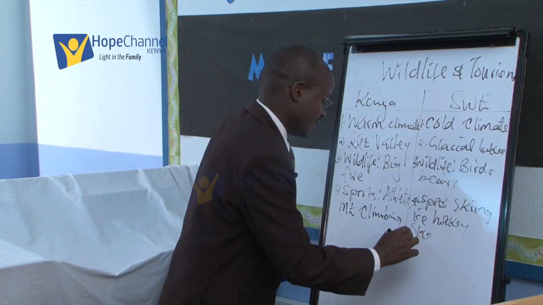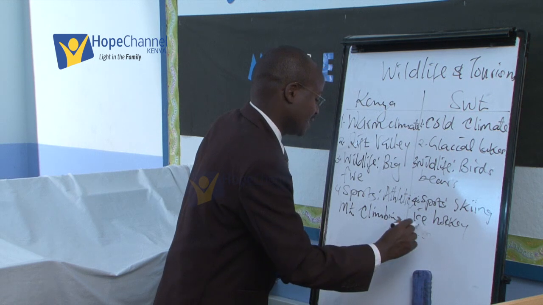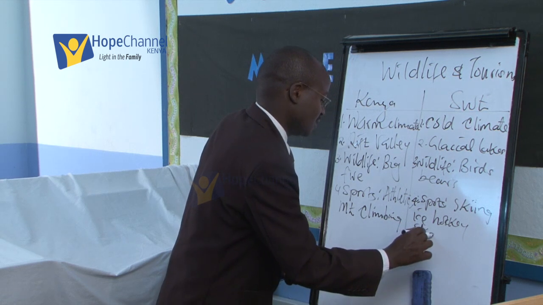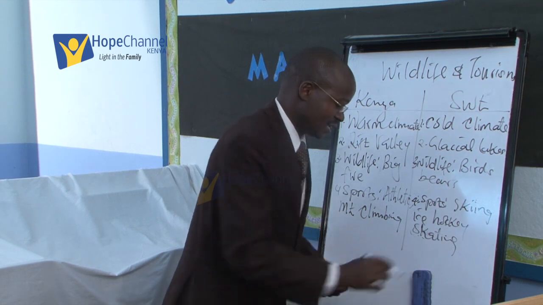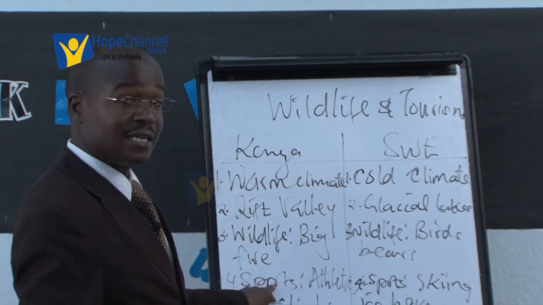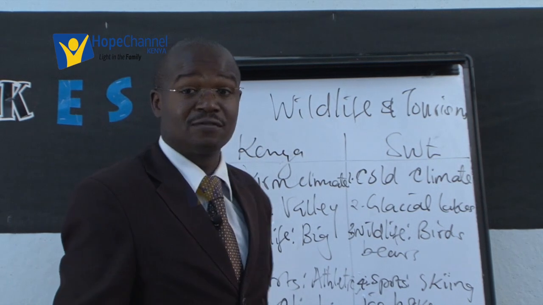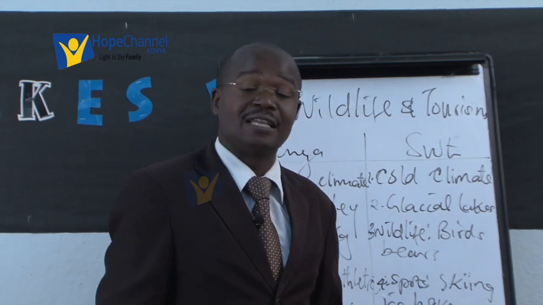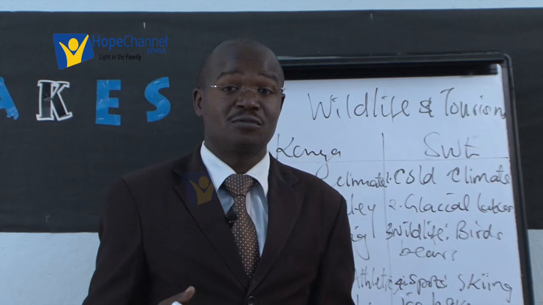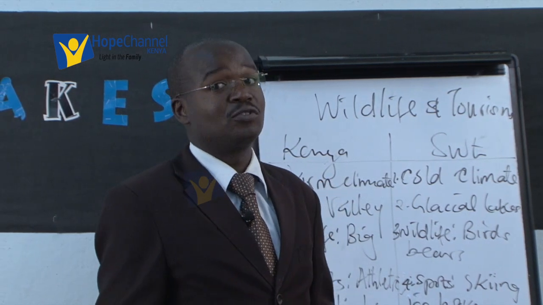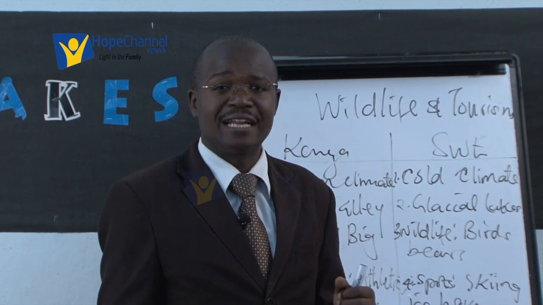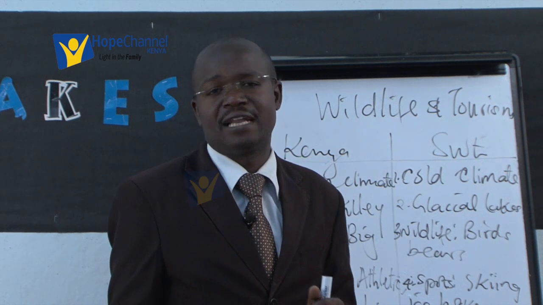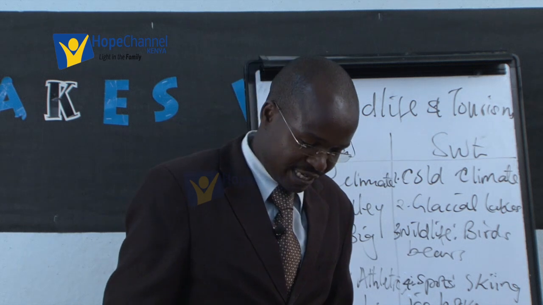Those are some of the sports that we have in Switzerland. So you find that Kenya is completely different, and Switzerland is completely different. The reason is that the climate differs, the physical features of the countries differ, and even the geographical land terrain or relief of the land differs.